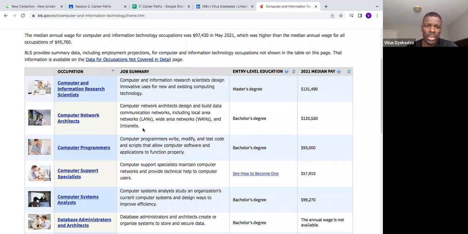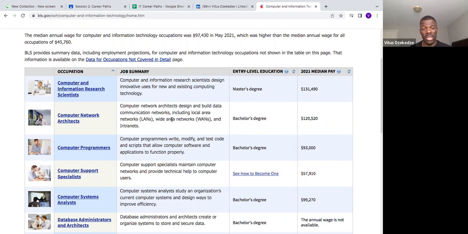The next group is network architects. Computer network architects design and build data communication networks like local area networks and wide area networks. So if you're going to start a big company, you're going to need to have computers there. You're going to need somebody that's going to design how those computers are wired together. In some cases, it might be just a small office.